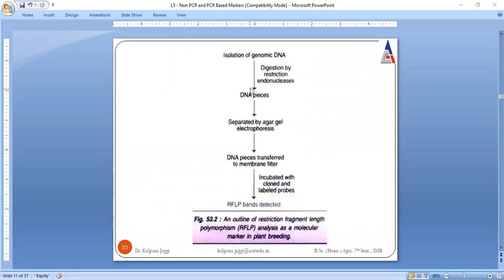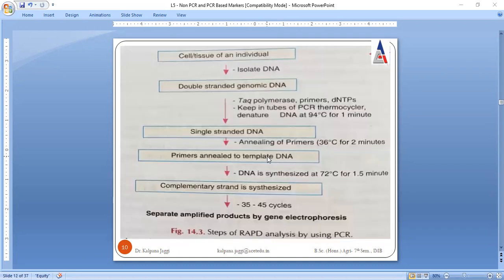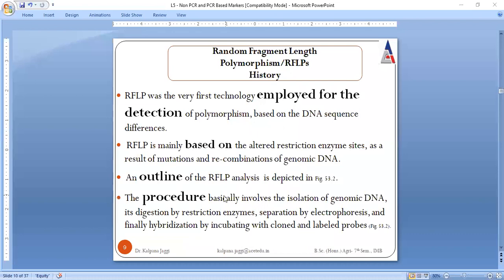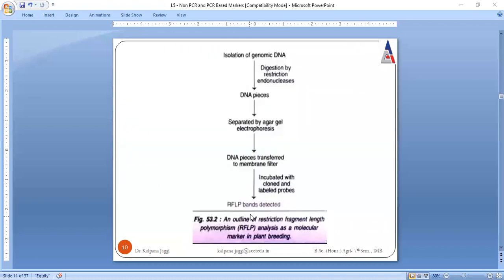Then these DNA fragments are resolved by gel electrophoresis. After the electrophoresis comes a very important step: the DNA is transferred onto the filter paper, the nitrocellulose filter, that is Southern blotting, and then these pieces are incubated with labeled probes.